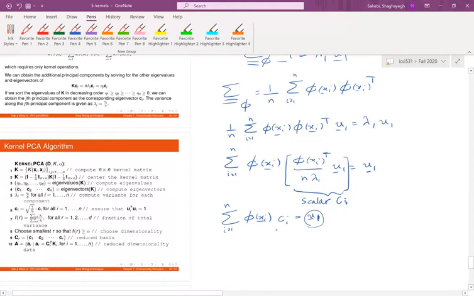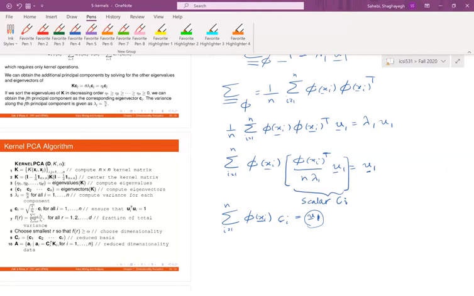Because it's a scalar multiplied by phi of xi. So basically u1 is a linear combination of phi of xi's that are scaled by ci. So u1 is a linear combination of data points in our feature space. Okay, so that is very interesting.